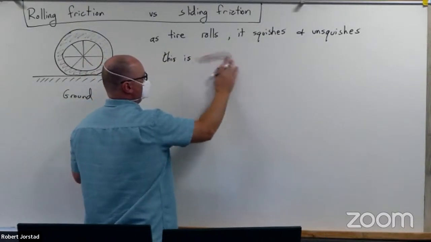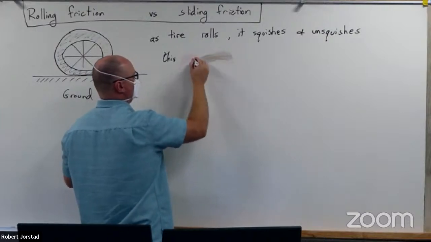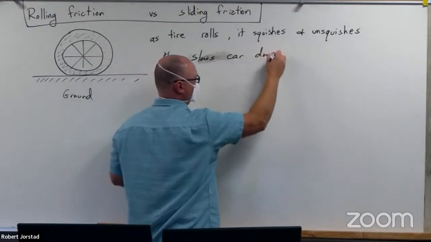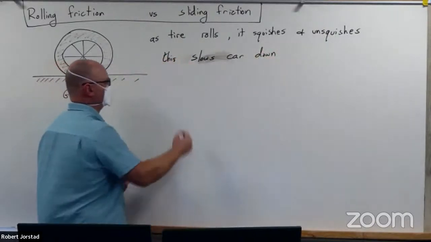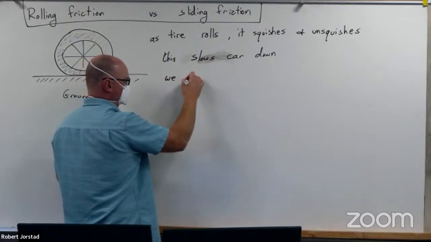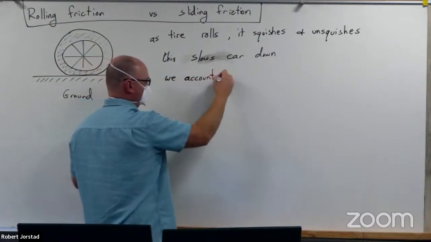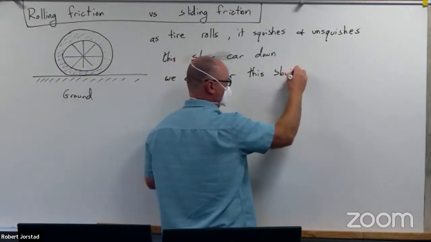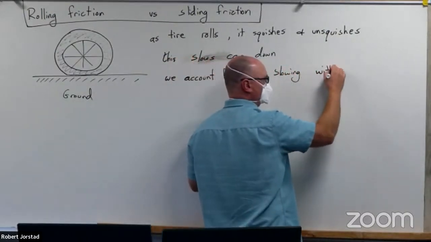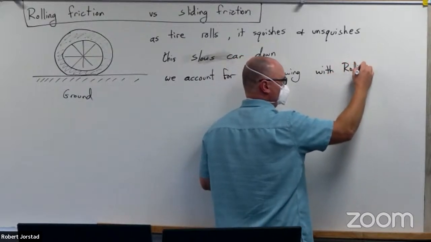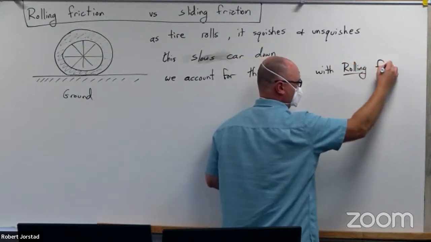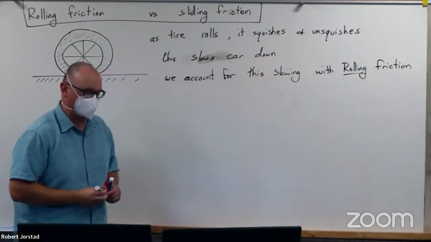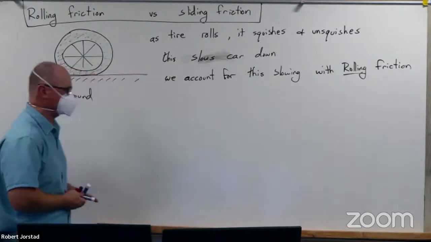We're going to say this slows the car down, or whatever, the tire, whatever. We account for this rolling friction. This is not sliding friction, mu static N or mu kinetic N. This is not sliding.